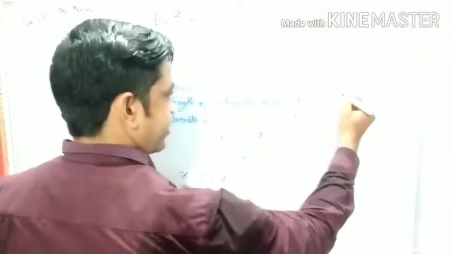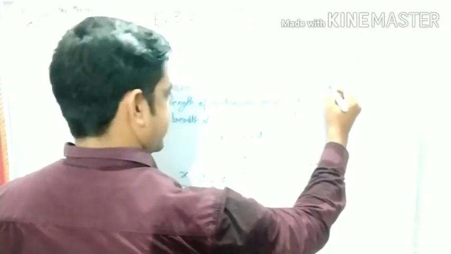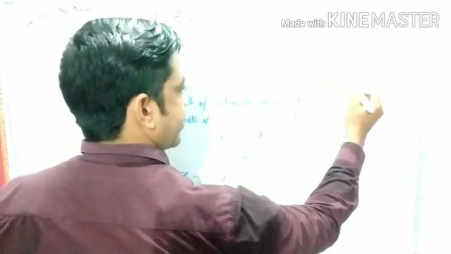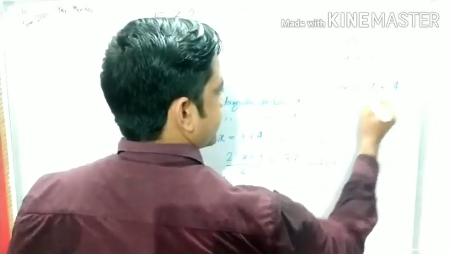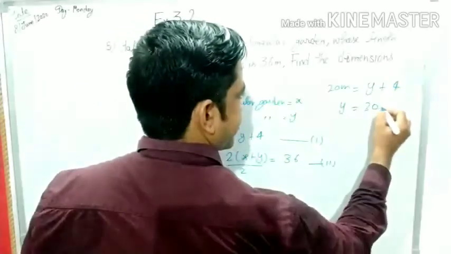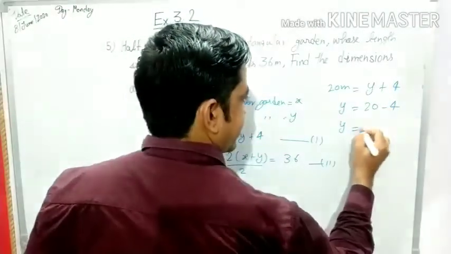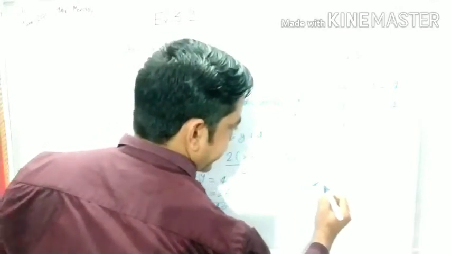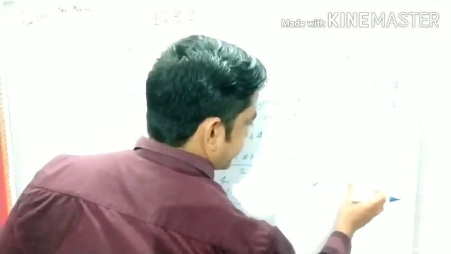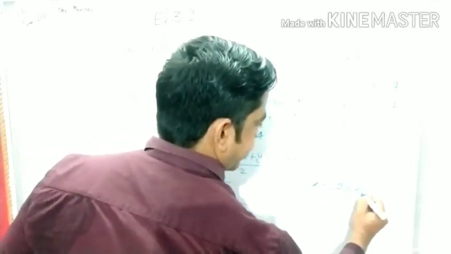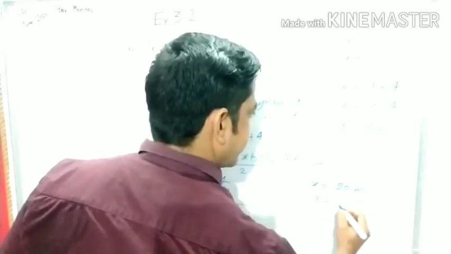Put it in the first equation: x is equal to 20 meter, then y plus 4, so y is equal to 20 minus 4, then y is equal to 16 meter. So we write it here: x length is equal to 20 meter and y breadth is equal to 16 meter.